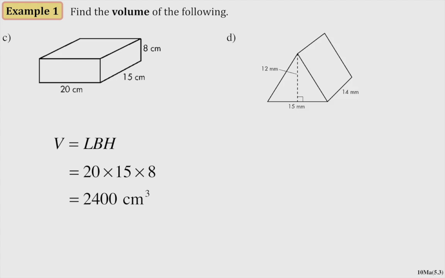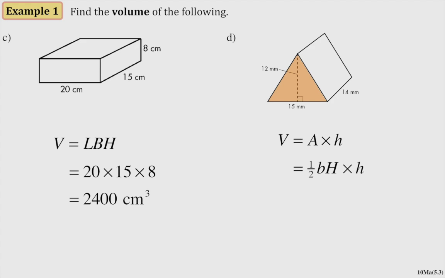Now we're going to have a triangular based prism. And if you imagine this one here, you could take slices from front all the way through to the back and they would be the same. So the formula for this one is the area of the slice, which is your triangle, times by h, which is the distance from the front triangle to the back triangle.